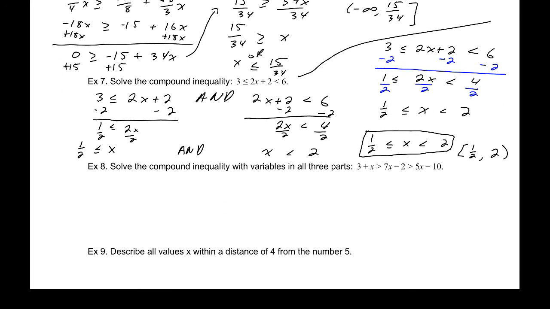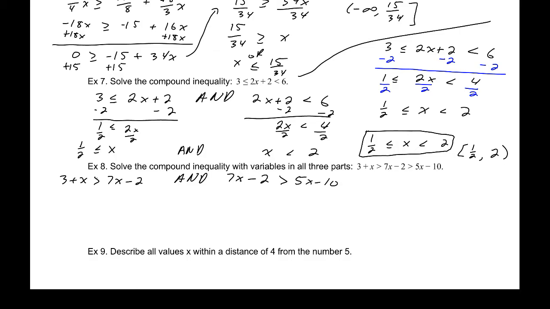All right, number 8. We have a 3-part inequality again. I'm going to break this up into 2 different inequalities. So the first is 3 plus x is greater than 7x minus 2, and 7x minus 2 is greater than 5x minus 10.